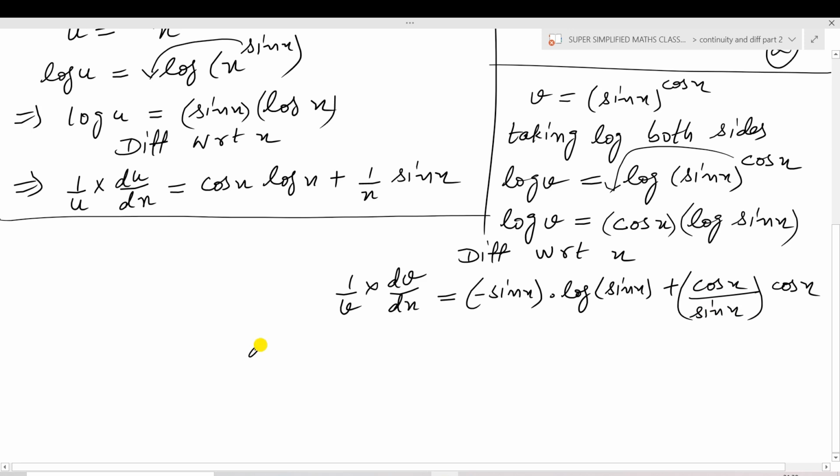And now we have to find dv by dx. So v will be cross multiplied on the right hand side. So I'll get minus sin x log sin x, and copying down, cos x upon sin x, that is cot x, cos x, I can write.